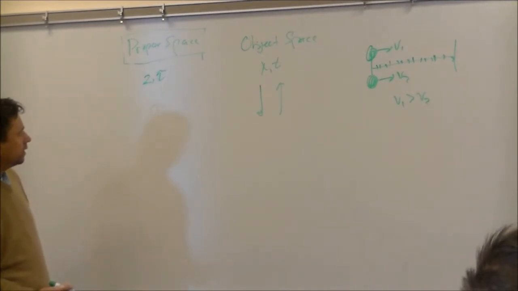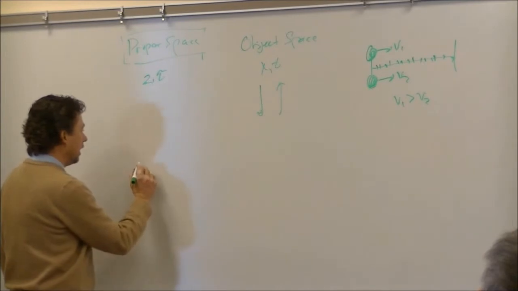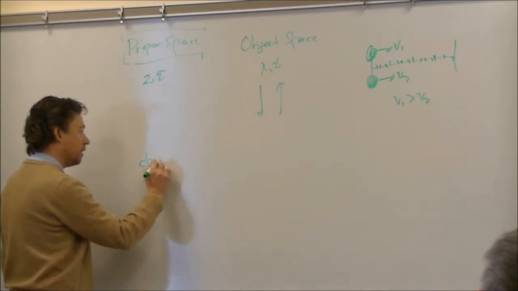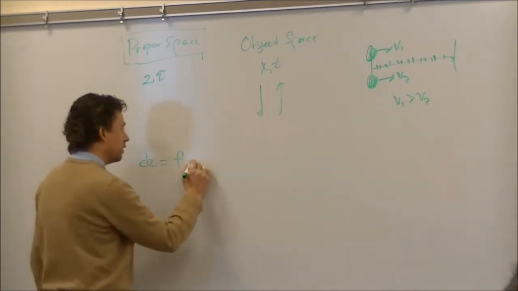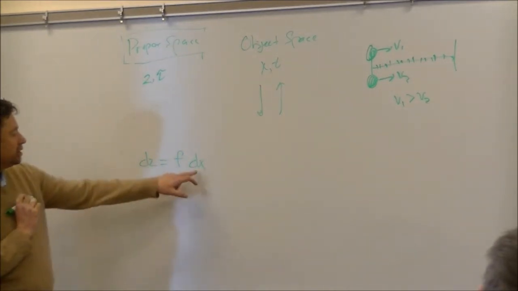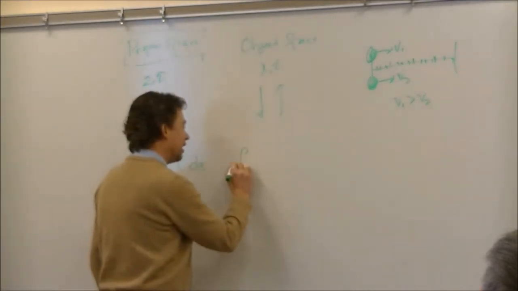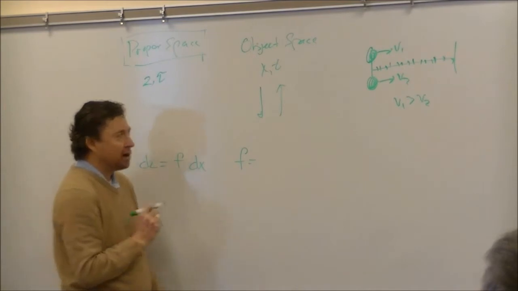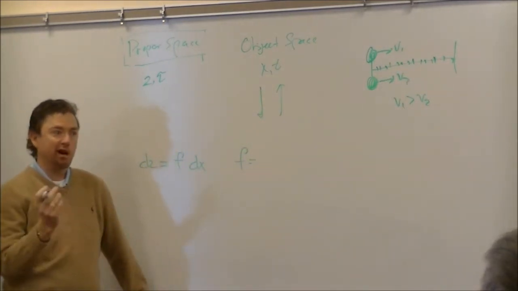So we're going to look at intervals in both of these spaces, and we're going to have dz equal to some scale change times dx, where we measure dx, and this is what we're going to find. Now, our scale factor f is going to be given by the density of points here as it increases with time and proper time.